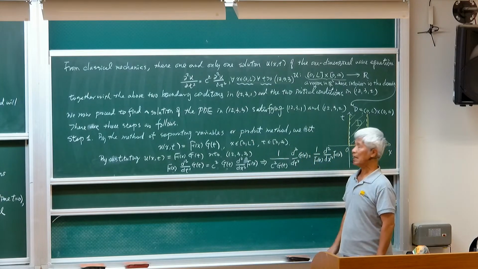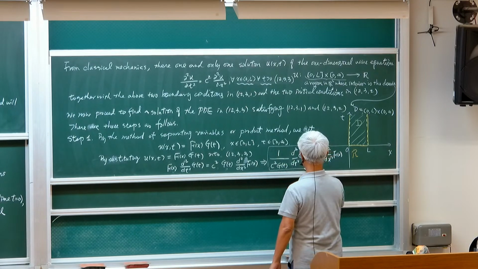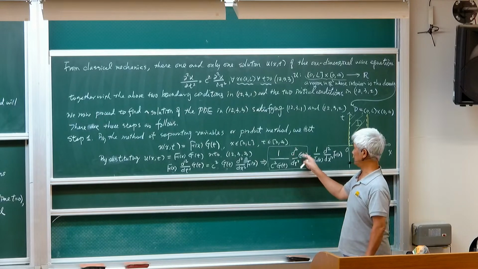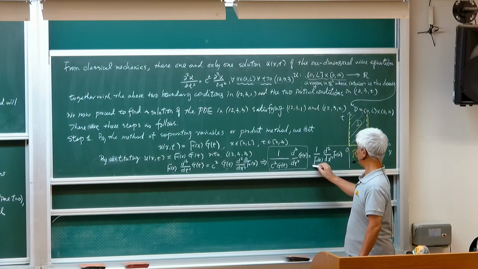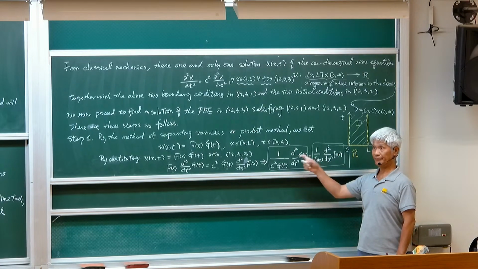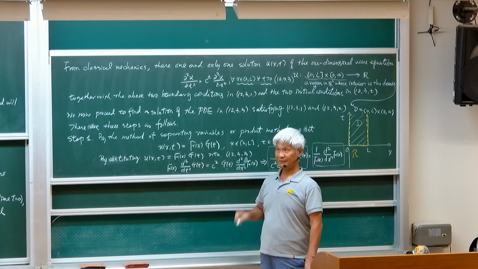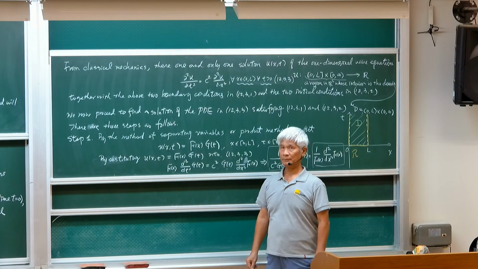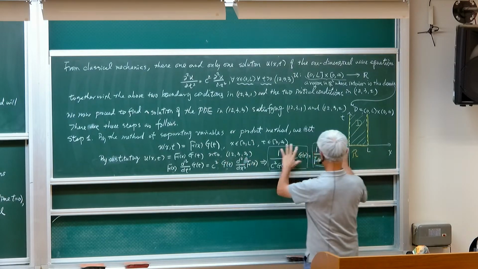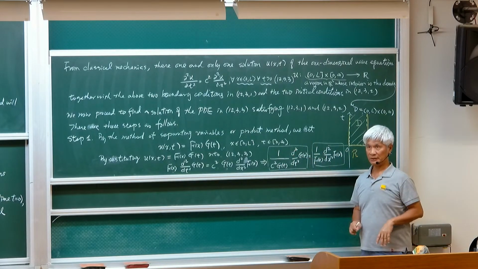Now you see, the left-hand side depends only on t, so this is a function of t. But the right-hand side is a function of x. So this is the power of separating variables. By separating variables, the partial differential equation becomes an ordinary differential equation.